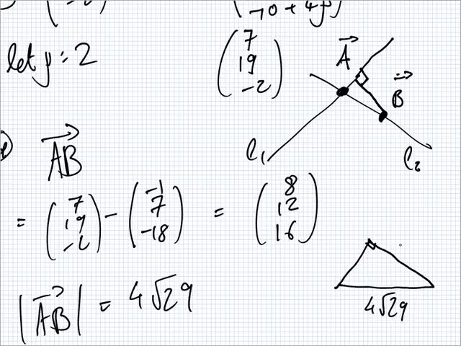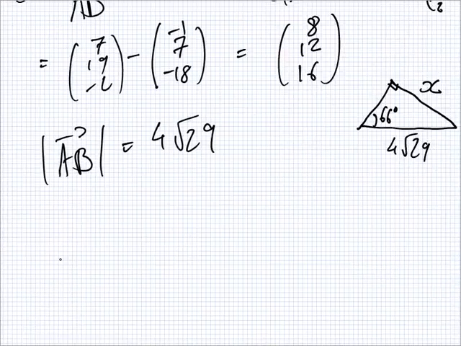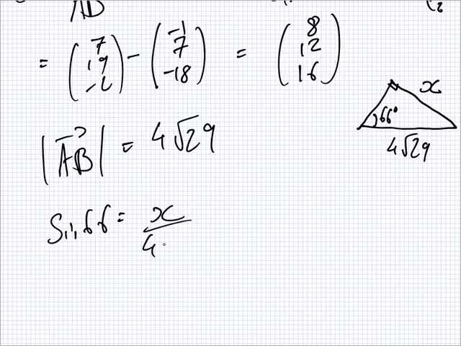We're looking for this side, and in fact, we actually know the angle between A and B. We know this angle here. We worked it out earlier between L1 and L2. What was it? It was 66. So it's actually just a trigonometry problem. We should use sine 66 equals x over 4 root 29.